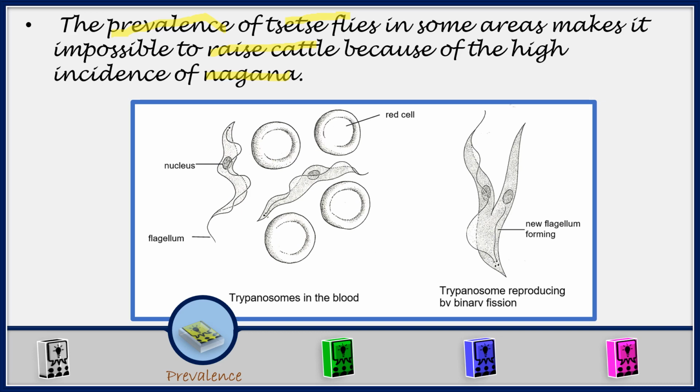In places where we have very many tsetse flies, it becomes really very difficult or impossible to raise cattle because of the high level of nagana, which is caused by the trypanosomes coming from tsetse flies.